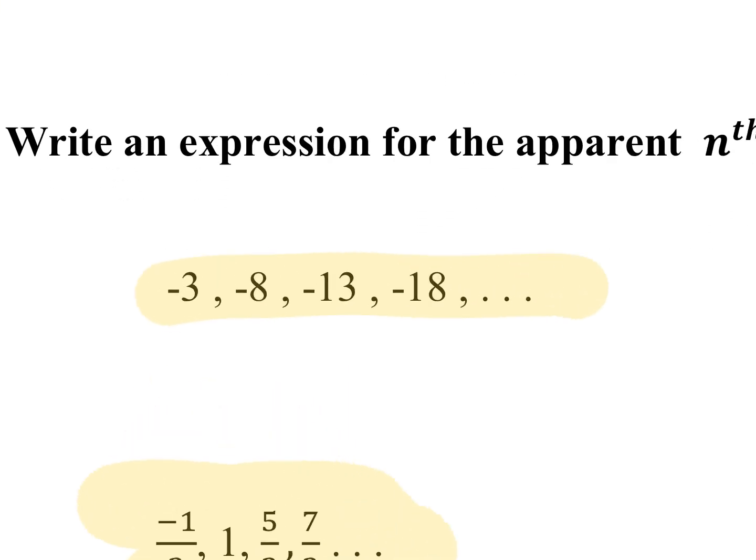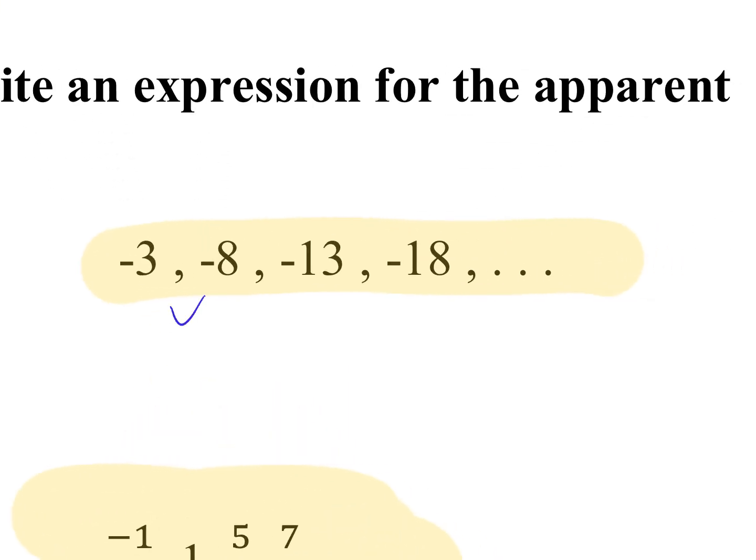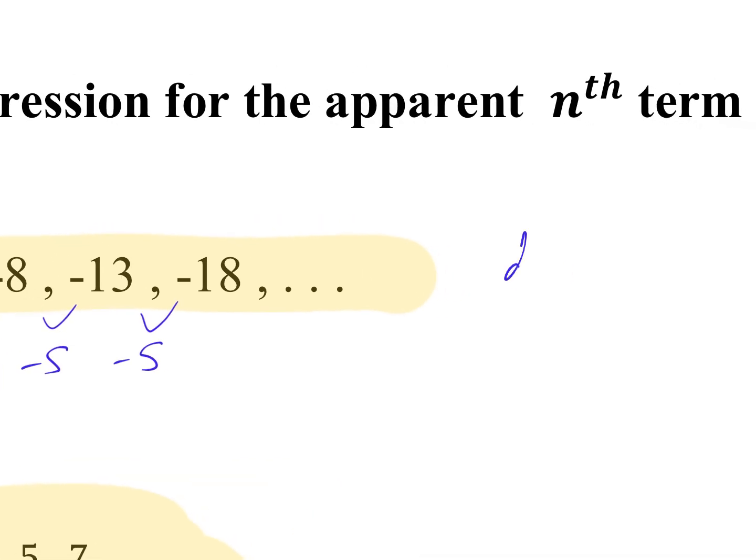So look at this. From -3 to -8 to -13 to -18. What are we doing every single time? You're doing what? Subtracting 5. Perfect. -5 minus 5. So that would be your common difference, -5. Now, there's two ways I showed you to do this.